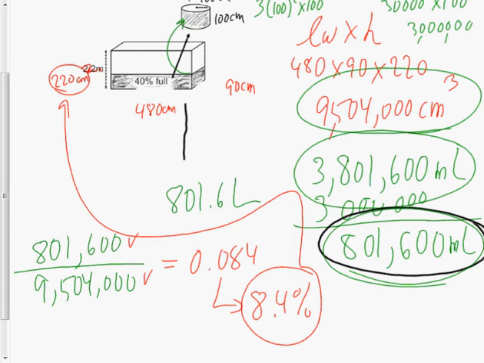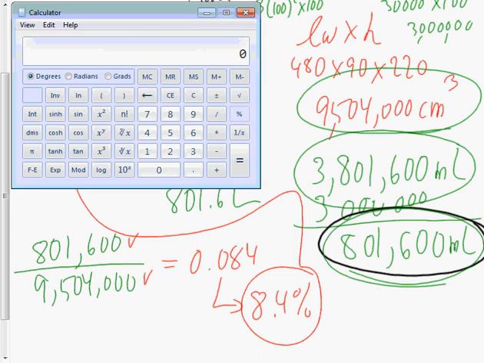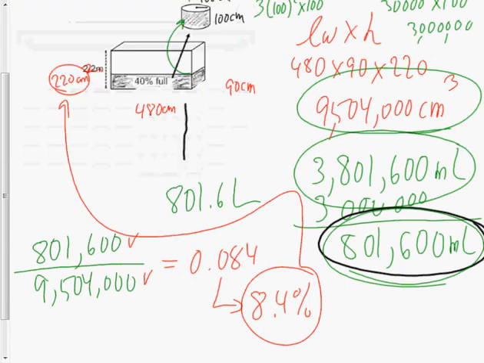So I have to change that 8.4 to 0.084. 8.4% of the 220 centimeter height that would be maximum tells me that 18.48 centimeters is 8.4% of the height. So therefore, the final answer, what is the height? It's approximately 18.4 centimeters tall after the bucket is removed. That was a tough question, but there's a lot of work there, but hopefully you understood it.